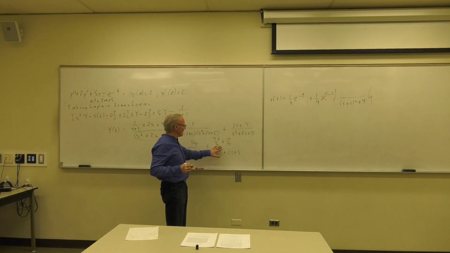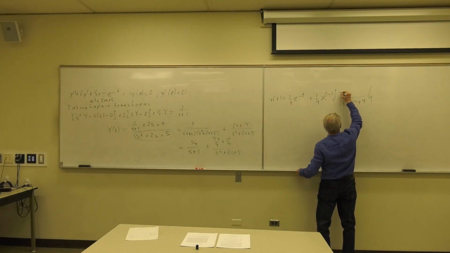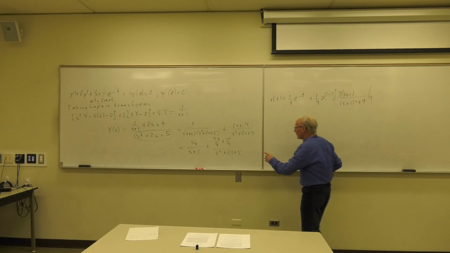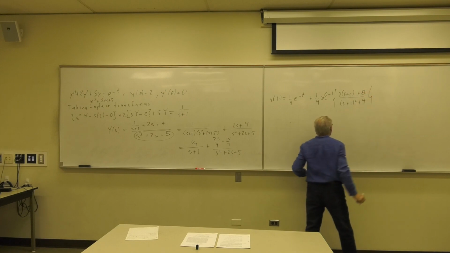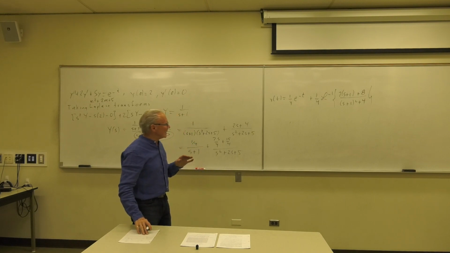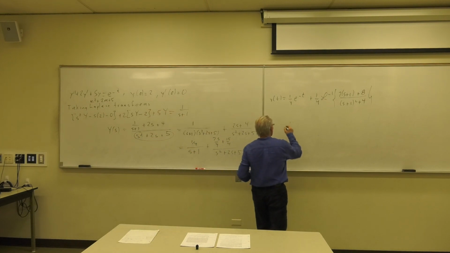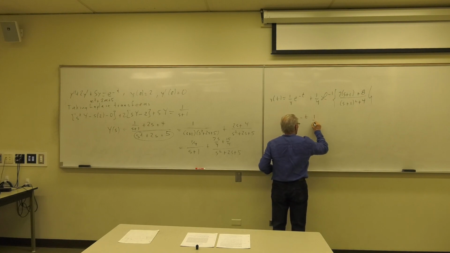We've got to get the top in the same form. We've got a 7, so we're going to have to write 7 times s plus 1. And that's giving 7, but we want 15, so we're going to have to put in 8 here. So that's prepared the way for the inverse. So now let's take the next step. 1 over 4, e to the minus t, 1 over 4.